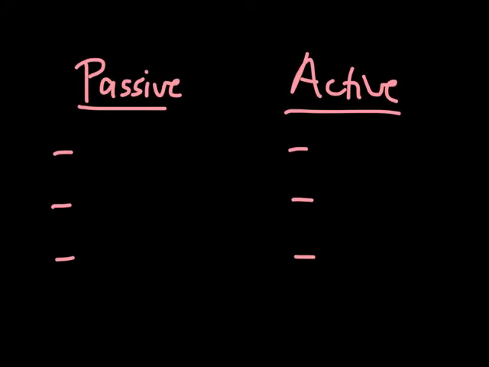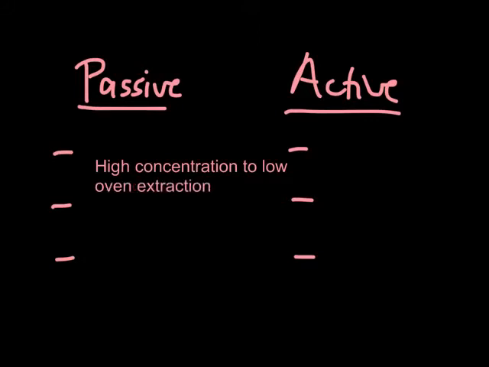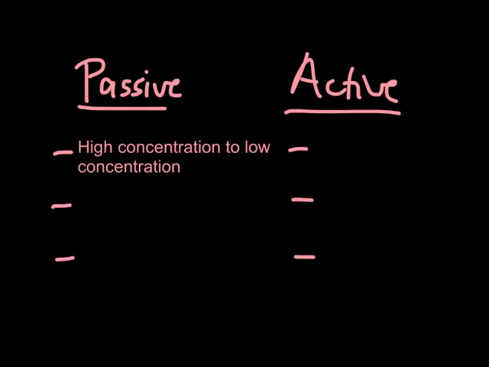So what we say is in passive transport, the molecules go from high concentration, where they're crowded, to low concentration. Oops, some problems typing there. There's a little autocorrect. So bear with me, I'm new at this. It's not from high concentration to low extraction.